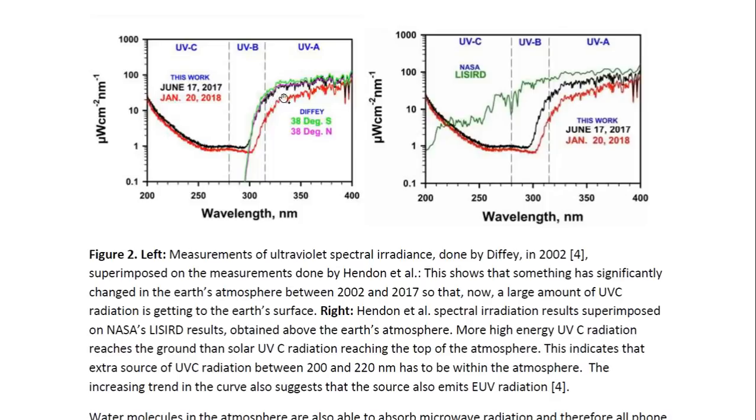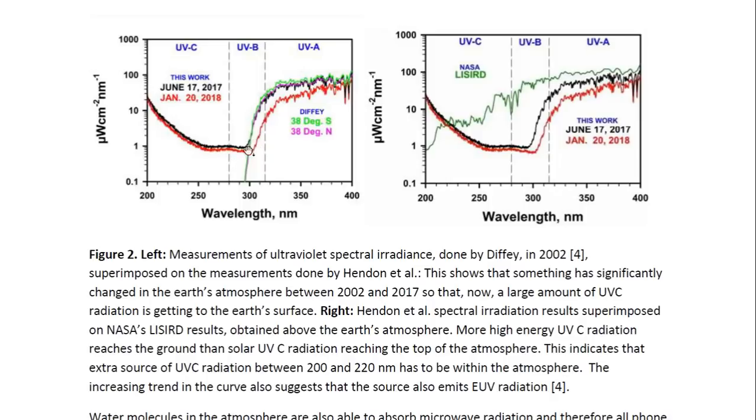In 2002 we had mainly UVA radiation. The ozone layer doesn't absorb UVA, but it absorbs some of the UVB, but not all of it. So this is the UV radiation that was reaching the surface of the Earth: UVA and some UVB. But below about 300 nanometers, there was no UVB.